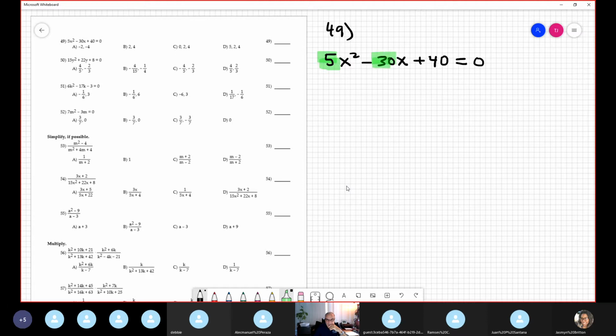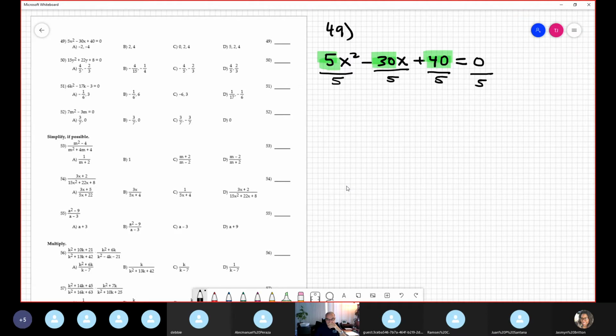30, or negative 30, doesn't matter the sign, and 40. And those numbers are multiples of 5. So you can perfectly, always perfect, legal, divide our equation by 5. Of course, when you divide by 5, the numbers decrease, no? And my equation is easier.